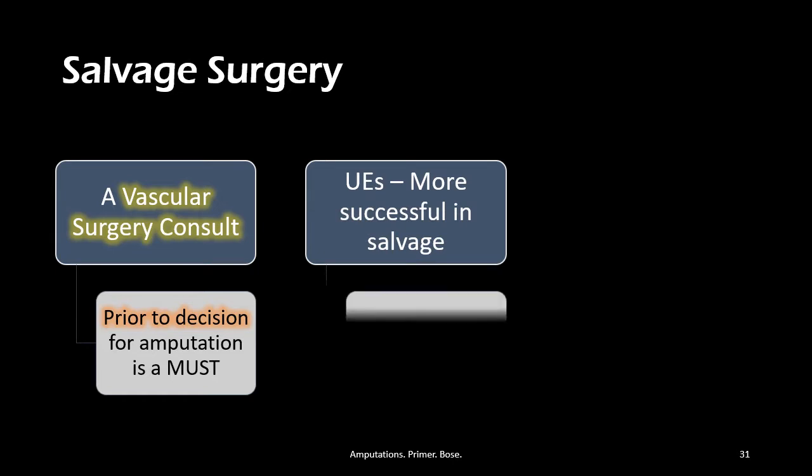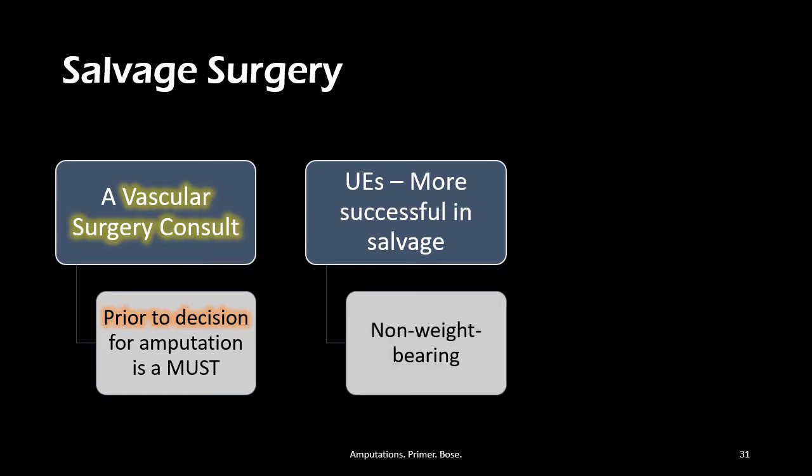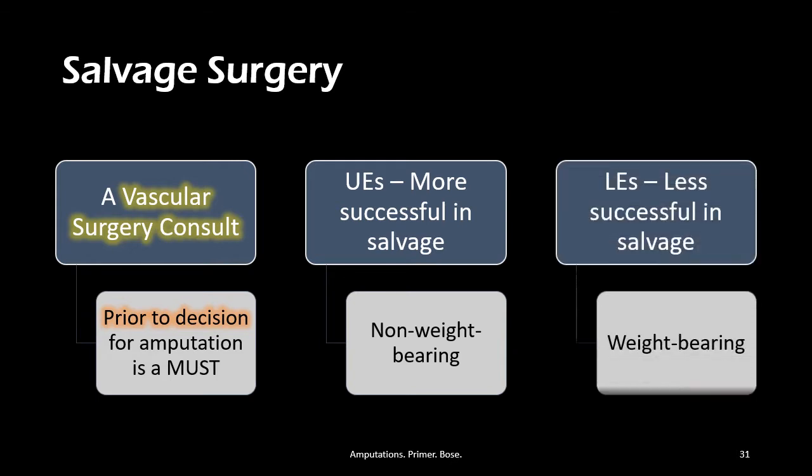In every decision for an amputation, prior to that surgery, a vascular surgeon consult is an absolute must to see if the vascularity can be preserved. The upper extremities usually are more successful in attempted salvage because they are non-weight bearing. On the other hand, lower extremities are less successful in salvage because they are weight bearing.